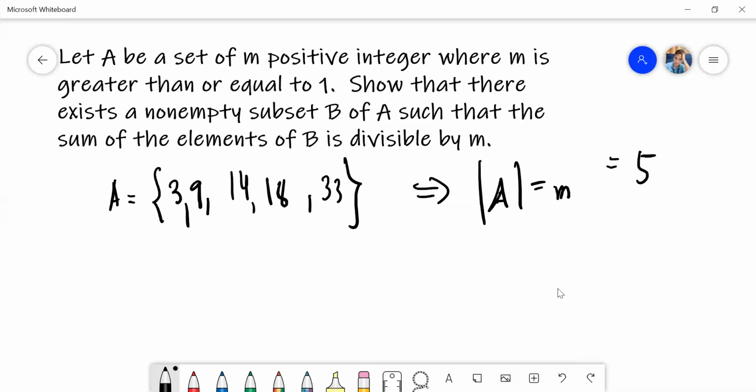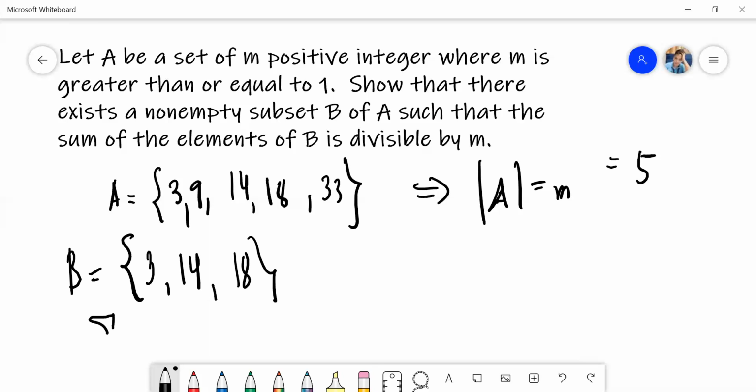Let's say we use 3, 14, and 18. What's the sum of the elements of B?